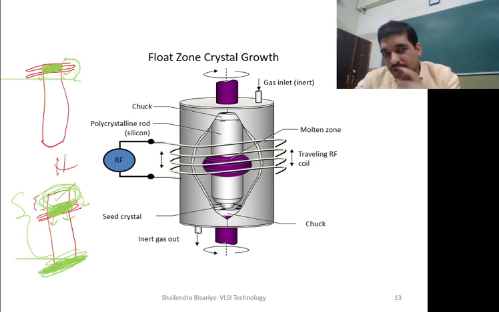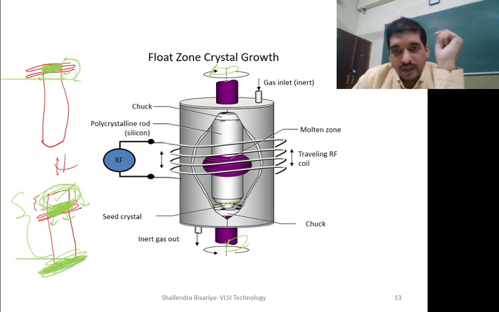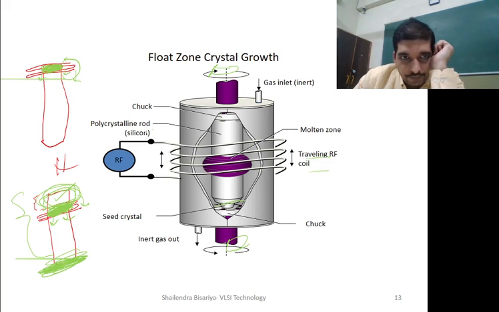Okay, so repeating my words once again, see, we are rotating in one direction here and rotating in the opposite direction here, the polysilicon rod and the chuck, and the traveling RF coil is here. We start from the top side of this polycrystalline rod, and as the RF coil moves, from the top side it will melt the material and impurities will move downwards.